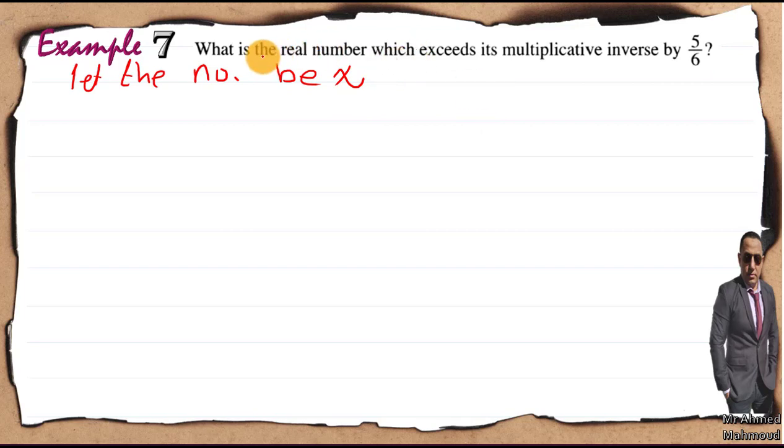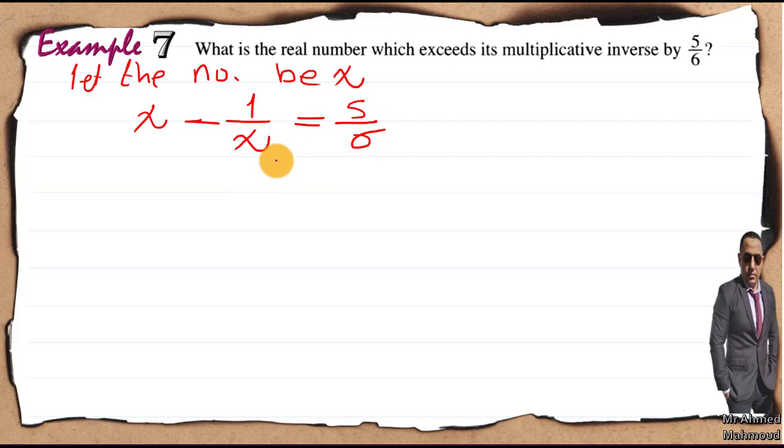What is the real number? This number x exceeds its multiplicative inverse. This is a comparison, so exceed here comes as minus its multiplicative inverse. The multiplicative inverse of x is 1 over x, by, equals 5 over 6.